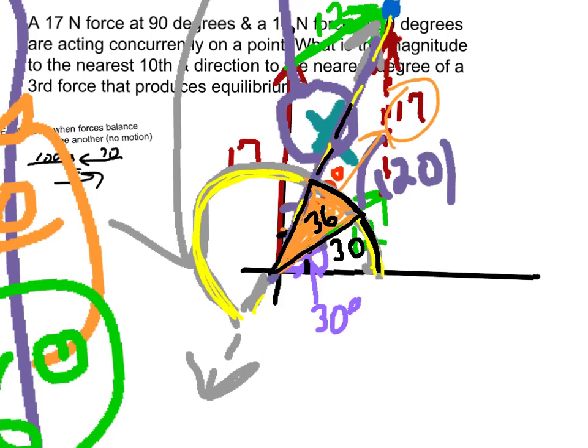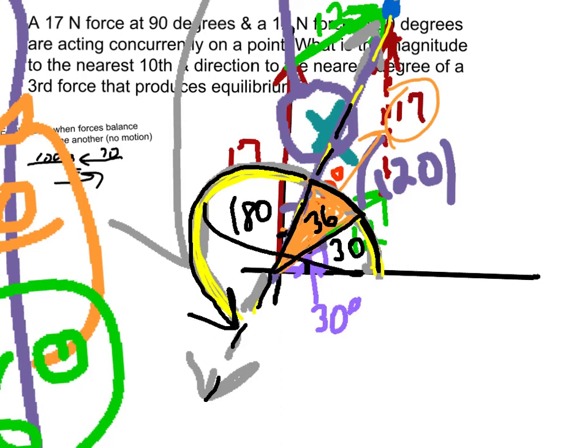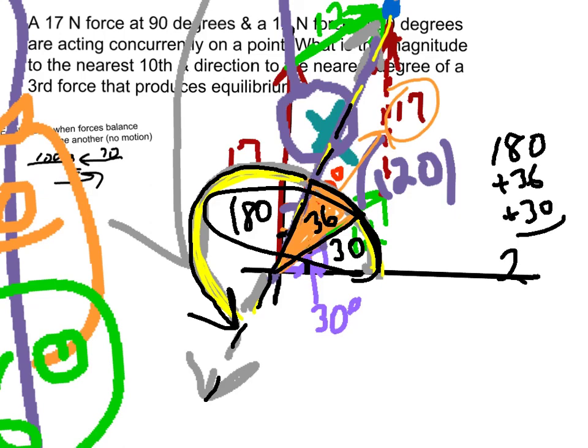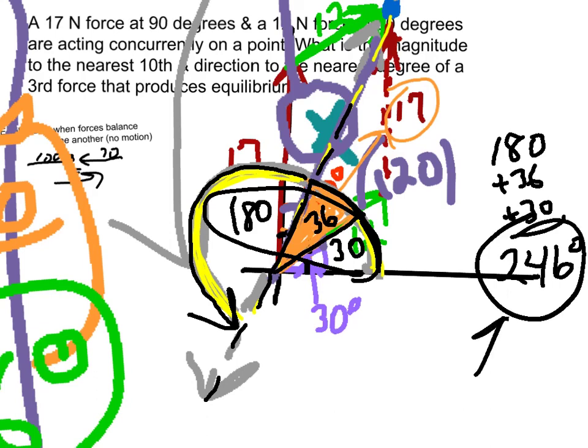This right here is a straight line, which tells us that this angle is 180 degrees. If I take these three angles and add them up, we have our answer. 180 plus 36 plus 30 is going to give you 246 degrees. That is the direction of our vector.